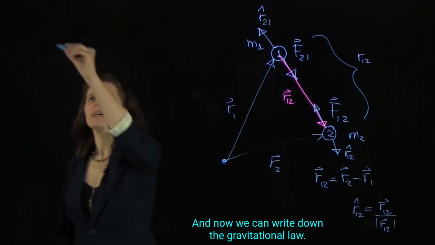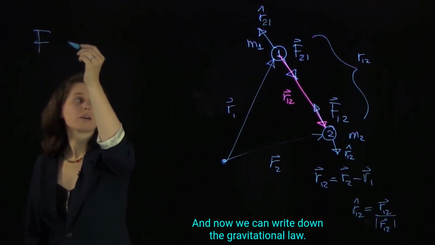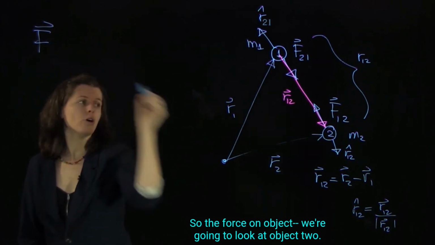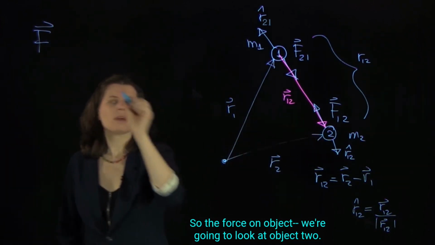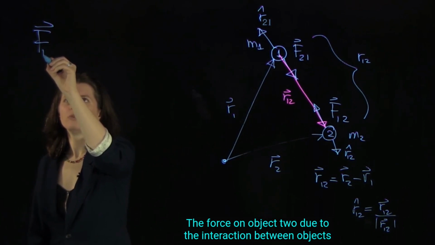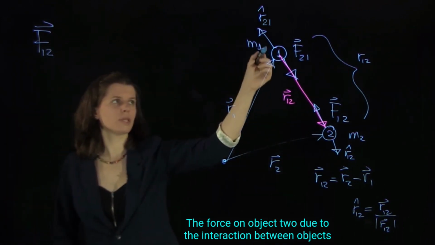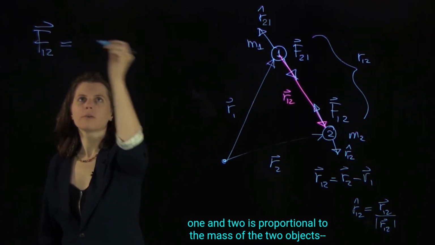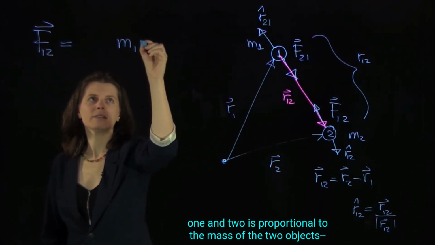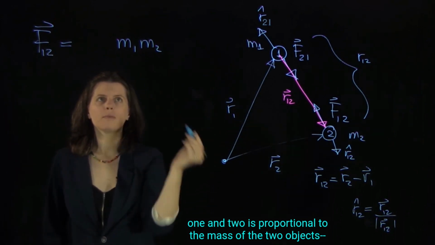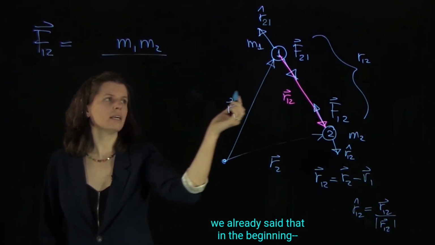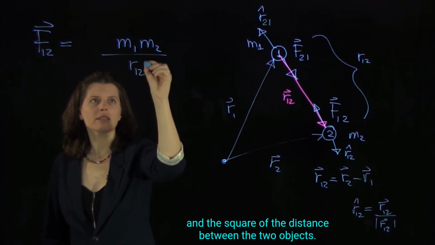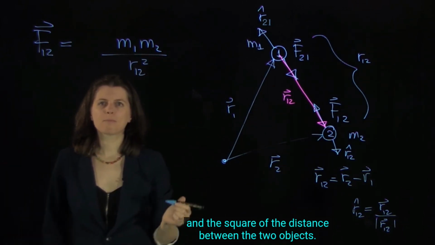Now we can write down the gravitational law. We're going to look at object 2. The force on object 2, due to the interaction between objects 1 and 2, is proportional to the masses of the two objects, as we already said in the beginning, and to the square of the distance between the two objects.